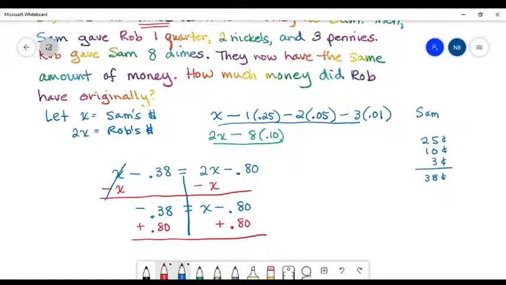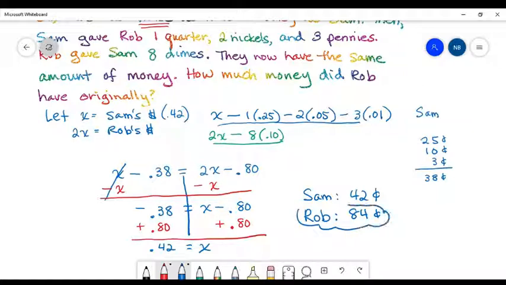Negative 0.38 plus 0.8 is 0.42 equals x. So Sam started with 42 cents, which means Rob started with 84 cents. He started with twice as much money. This is the answer we're looking for. Rob started with 84 cents.